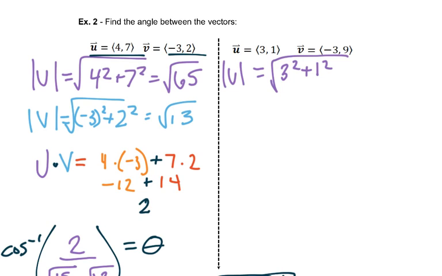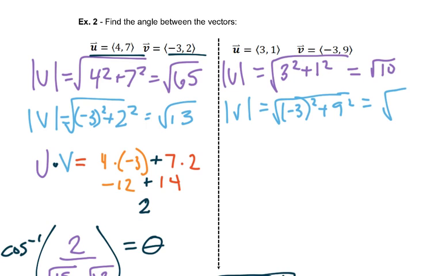I'm thinking of the dot product. Okay, so 3 squared and 1 squared is 9 and 1, so square root of 10. Woohoo! So absolute value of v makes the square of 3 and the square of 9. So square root of 90.